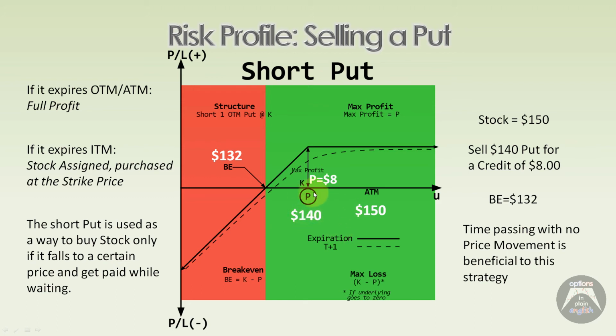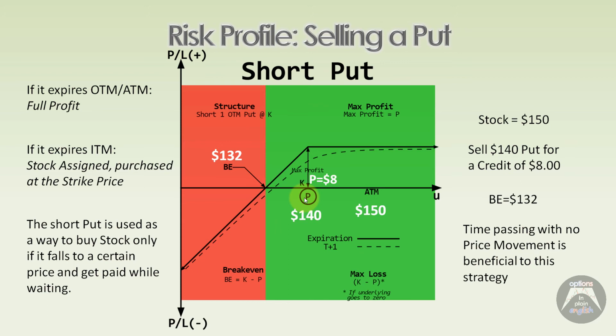Well, if you sell the $140 put, now remember, you need the full amount if it's a cash account, or if you don't have the highest level of approval for trading options, or you need sufficient funds to cover the BPR if you are approved for selling uncovered or naked puts.